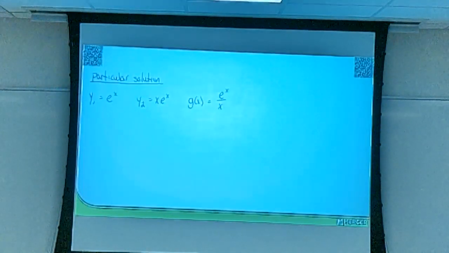Y1 was e to the x, y2 is x e to the x, and g of x is e to the x over x.